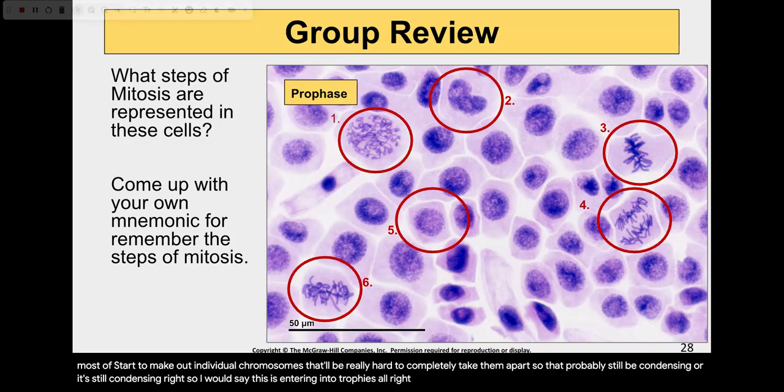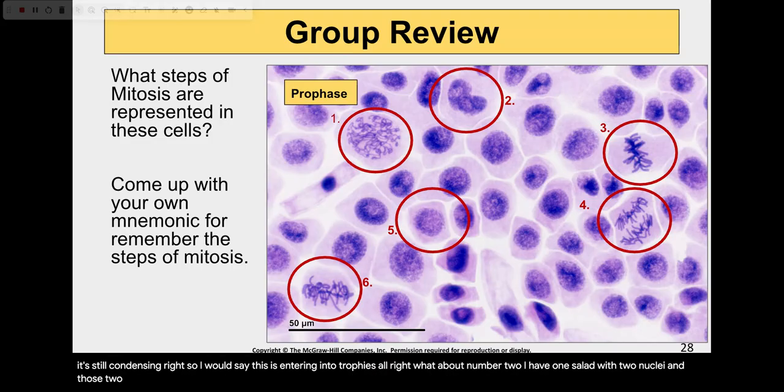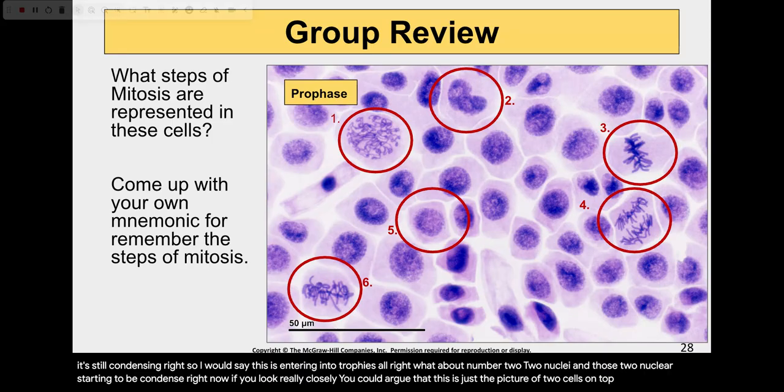All right, what about number 2? Telophase. Right? It looks like I have one cell with 2 nuclei, and those 2 nuclei are starting to decondense. Now, if you look really closely, you could argue that this is just a picture of 2 cells on top of each other. Right?